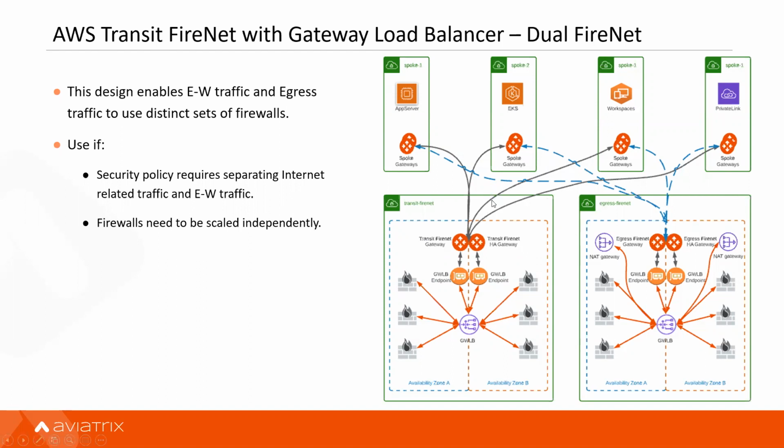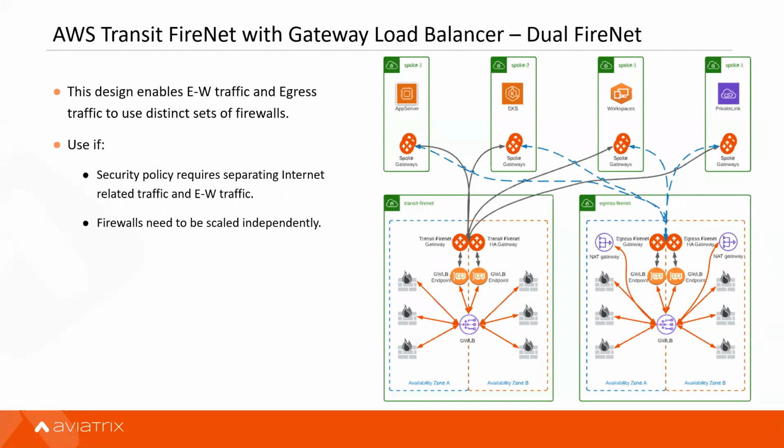Yeah, that's a great point again, because I know some of my customers opted for the dual FireNet or dual Transit FireNet design as you are depicting here. So on the right-hand side is the Egress FireNet solution, which takes care of all the traffic going towards the internet, the egress flows.